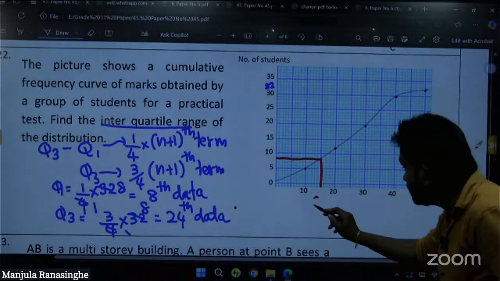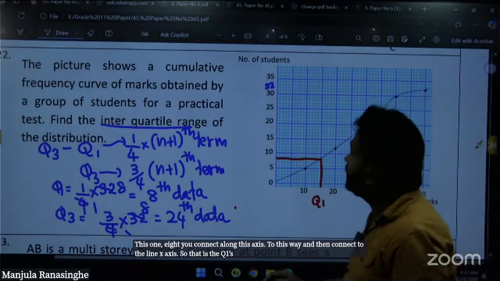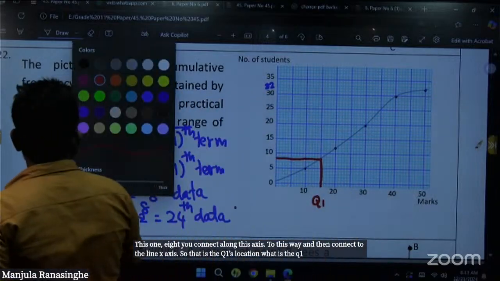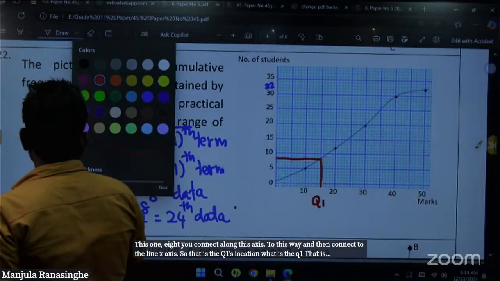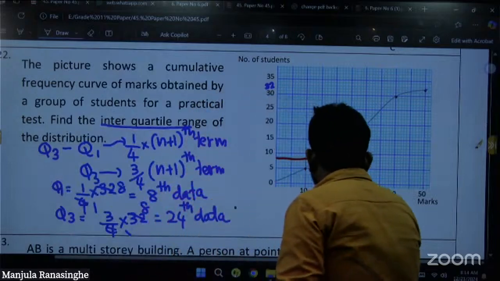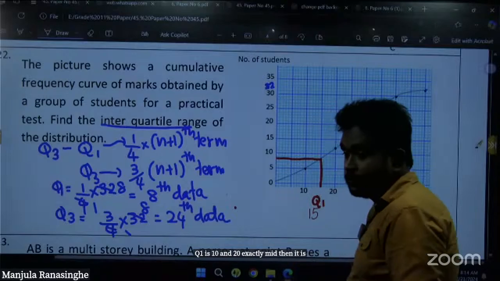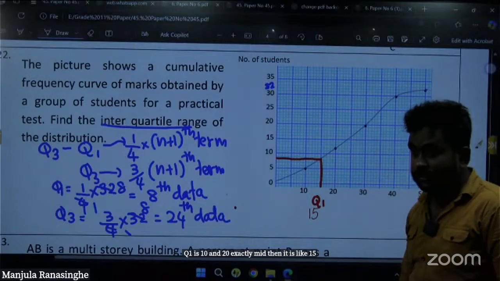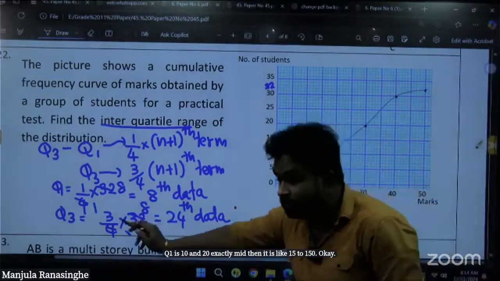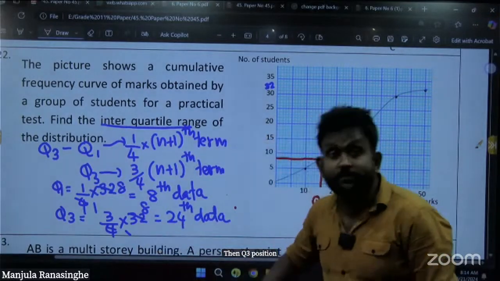So that is the Q1's location. So what is the Q1? Q1 is between 10 and 20, exactly in the middle, so it is 15. Q1 is 15.